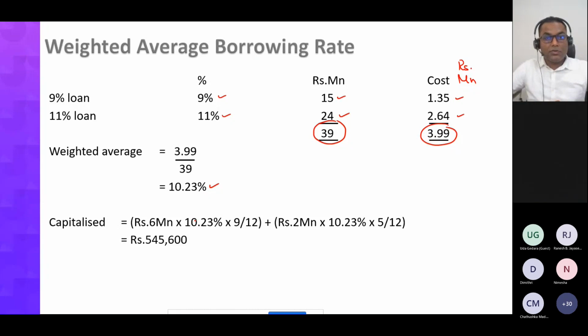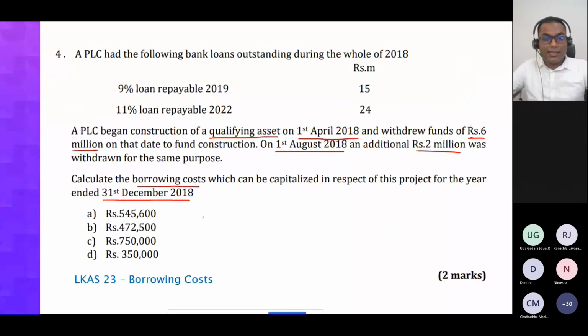Then you now need to calculate the amount that you need to capitalize. It is important to understand the year end first. What is the year end? 31st December 2018. Now, by this year end, you need to calculate how many months have passed since the company withdrew certain amounts from the borrowing pool and invested in this asset.